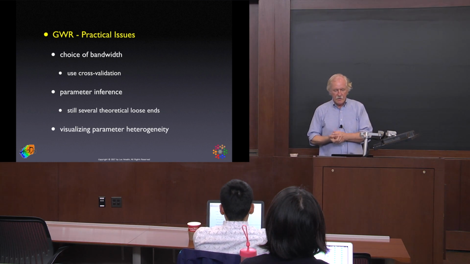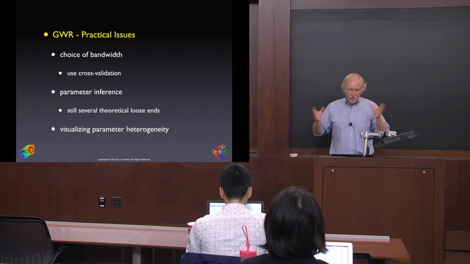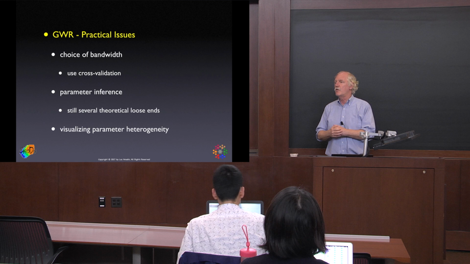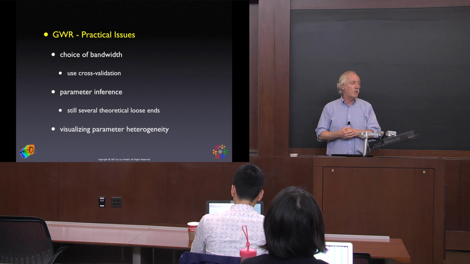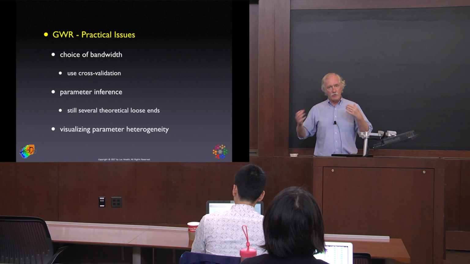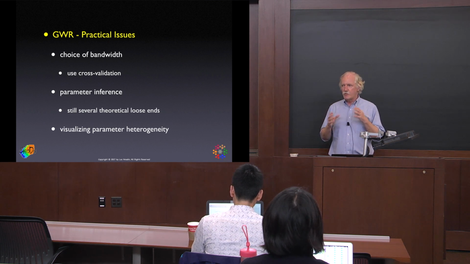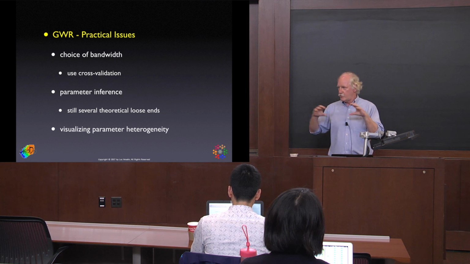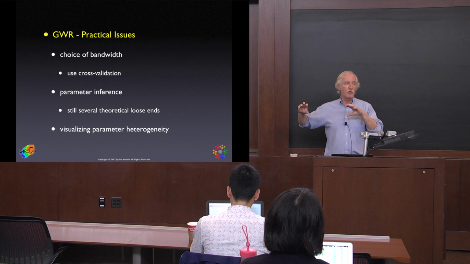How do you get significance tests? I say there are still several theoretical loose ends. There are approaches out there using cross-validation and computation-intensive approaches like that, but the ultimate problem is, what is the precision? How does the precision vary throughout the landscape, especially if you have multiple variables?